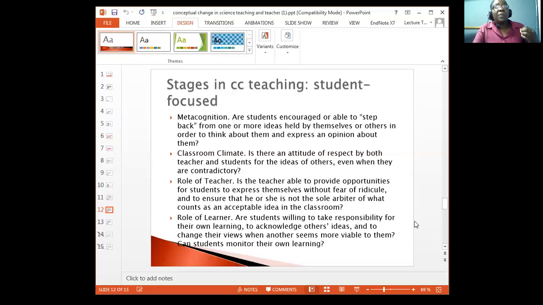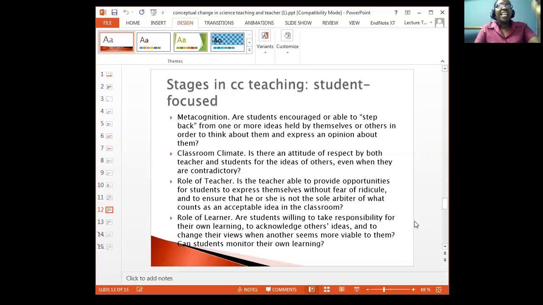And so if we're going to achieve conceptual change, we have to help the student. We have to create in the classroom an atmosphere where they can feel free to share and know that they won't be ridiculed, right? So we have to actually teach all the students to have respect for each other's views, is the truth.